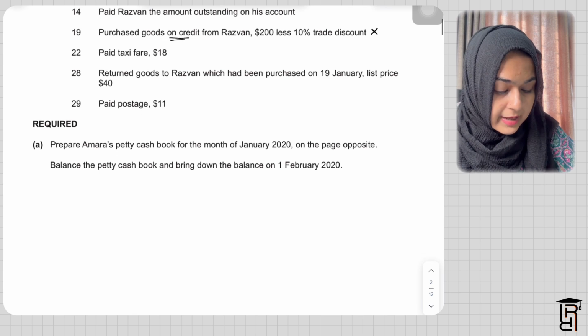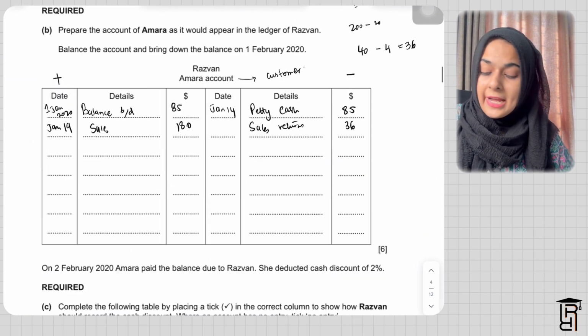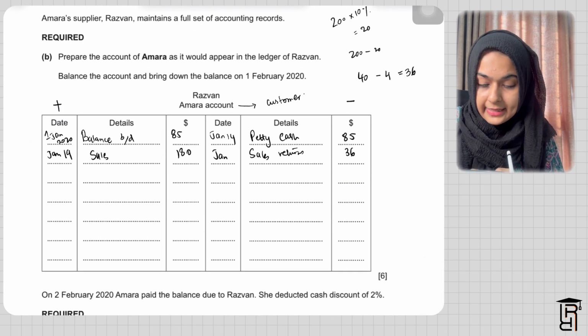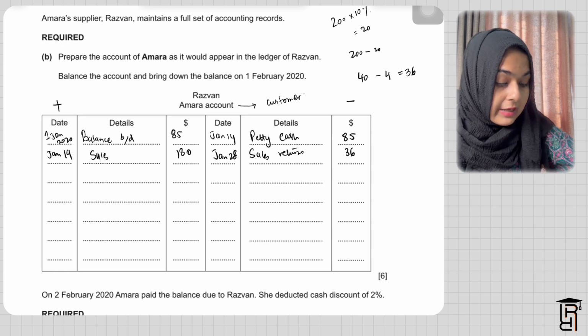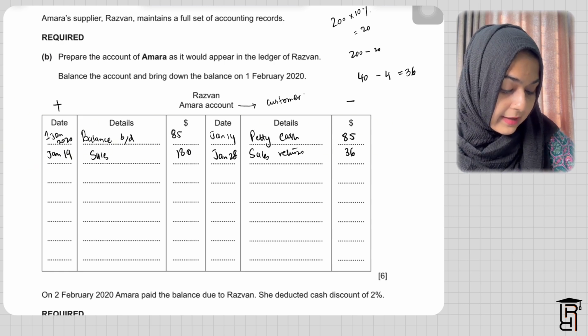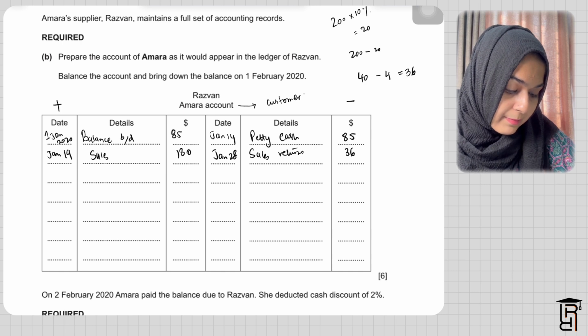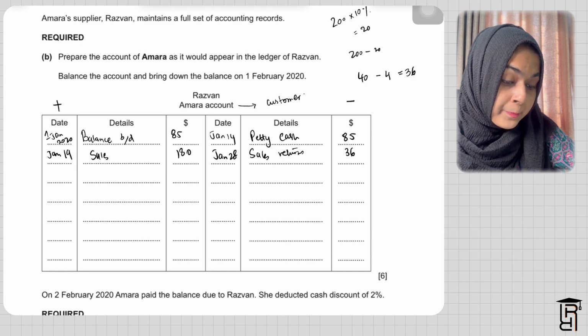And now I should balance my account. So the debit side is 85 plus 180, minus the credit side 85 and 36. You get 144 as balance carried down on the account of Amara in the ledger of Razvan.